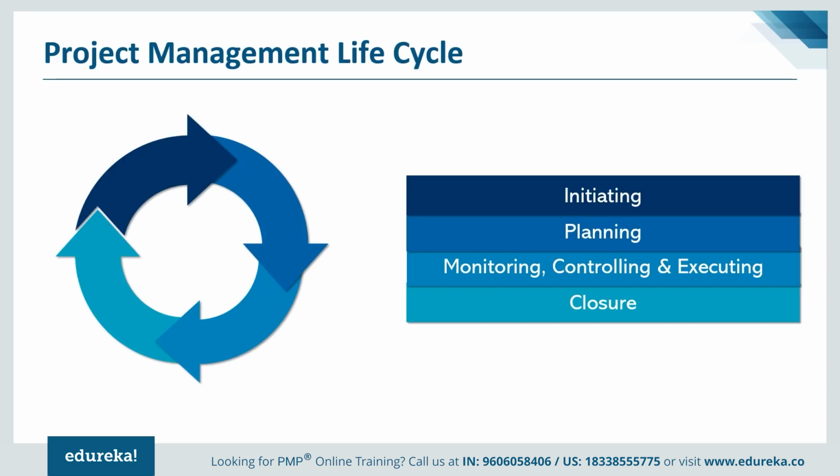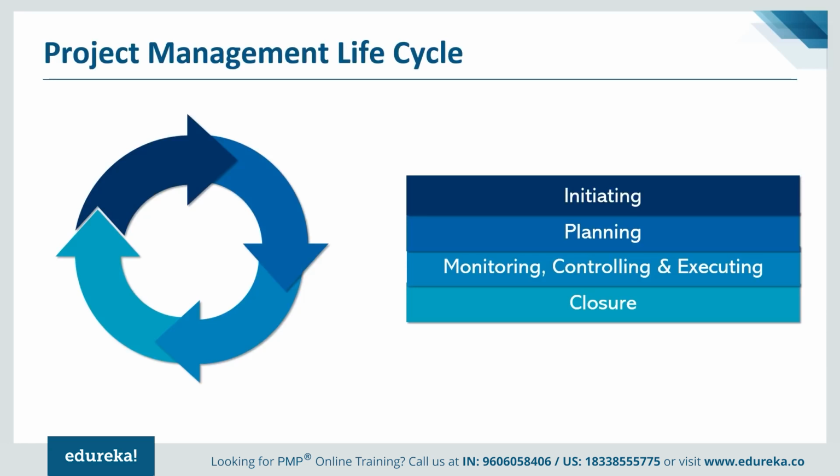If I talk about a software development life cycle, you will have stages such as requirements gathering, analyzing, designing, coding, testing, and deployment. These are the various stages in the software project life cycle. If I compare the same with the construction industry, the stages of the project life cycle would be feasibility, concept, detailed scope, detailed design, procurement, construction, commissioning, handover, and close.